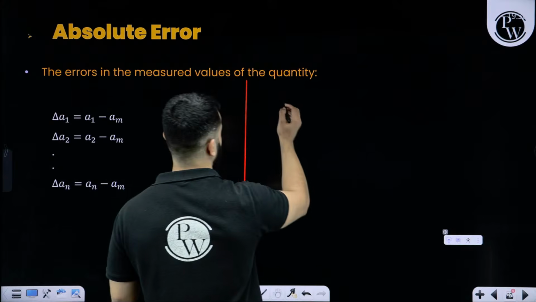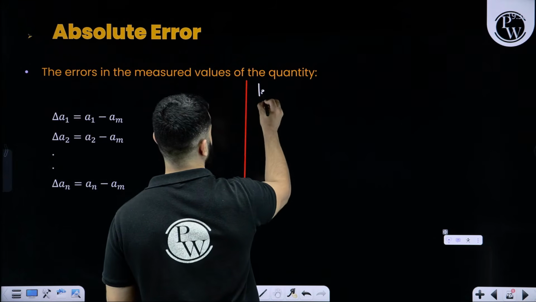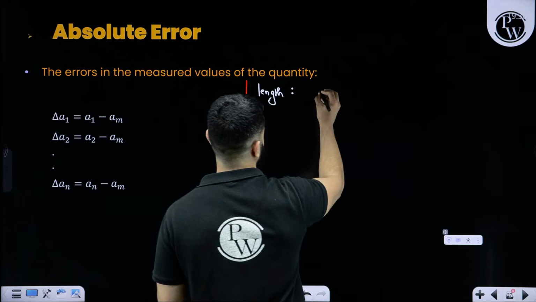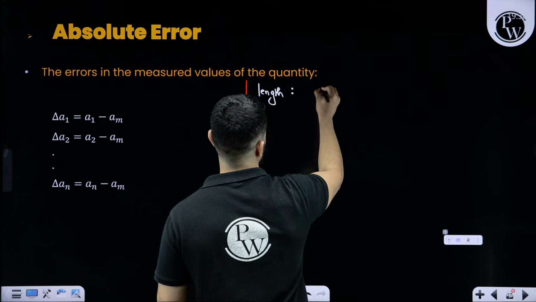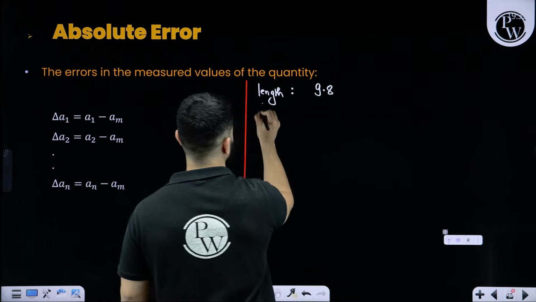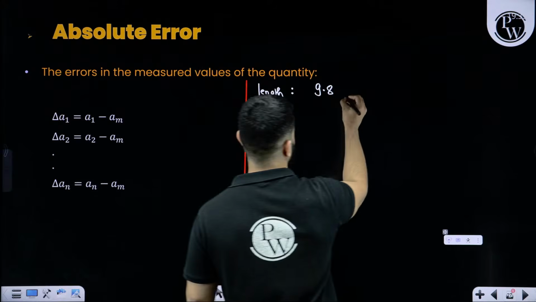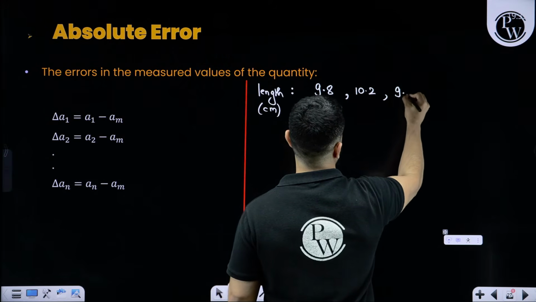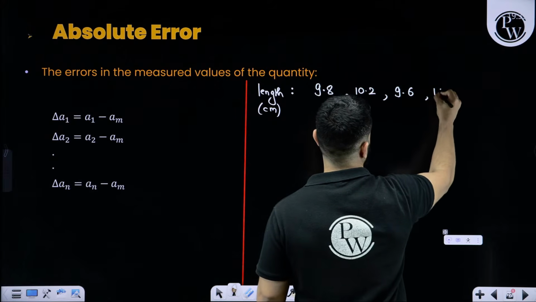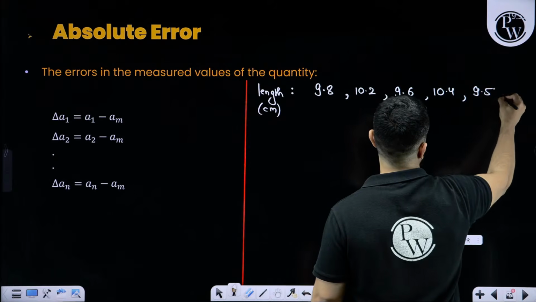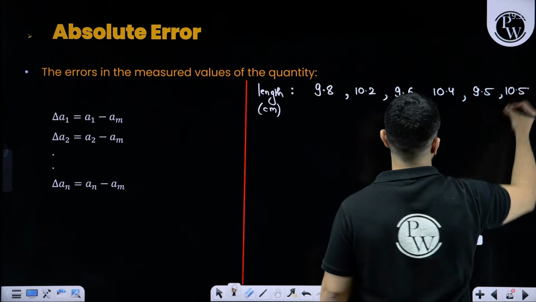Let's suppose we have measurements of length, all in centimeters: 9.8, 10.2, 9.6, 10.4, 9.5, 10.5.